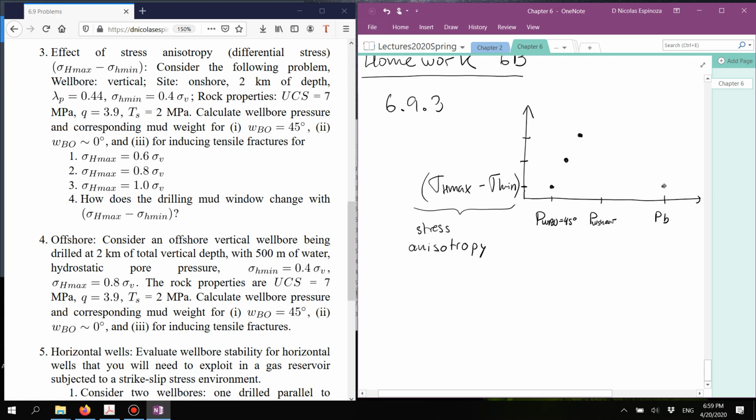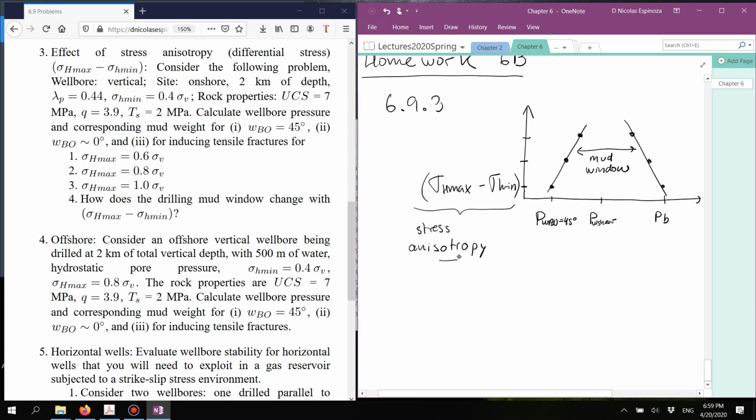And the value of PV is going to decrease. As a result, this is more or less what you should obtain. Your mud window is going to decrease with increasing stress anisotropy.